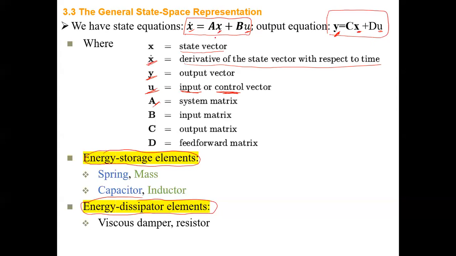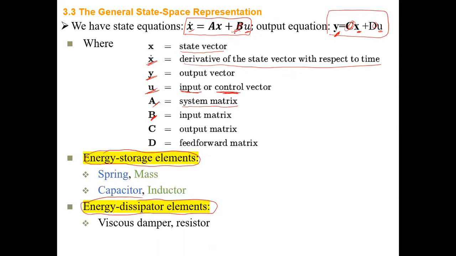What is A? The name of this A is called system matrix. When I say system matrix, you should quickly keep in your mind, okay, this is this A. Not this guy, not D, not C, not B, this guy right in front of X, okay? When I say system matrix, I'm talking A. It is B. What is the name given to B?